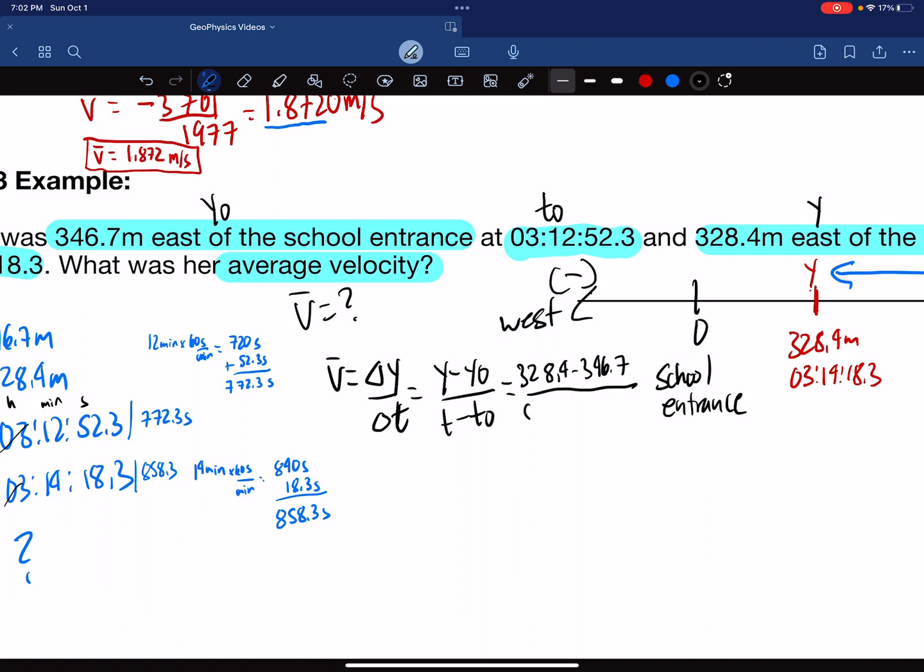We have 858.3 minus 772.3. Bringing all that down, we will first do the numerator. 328.4 minus 346.7.